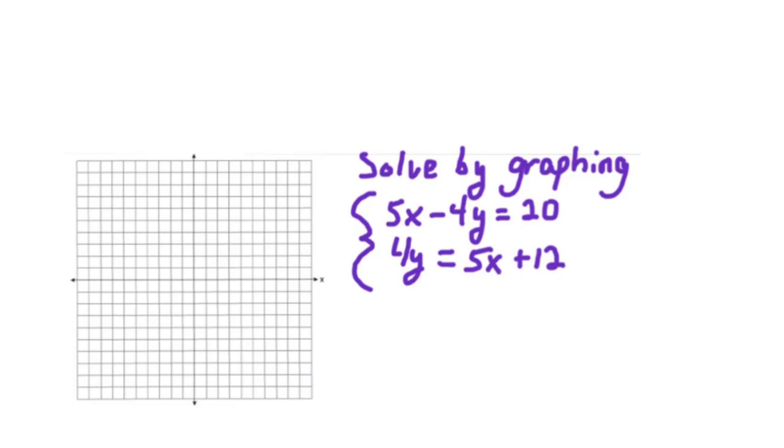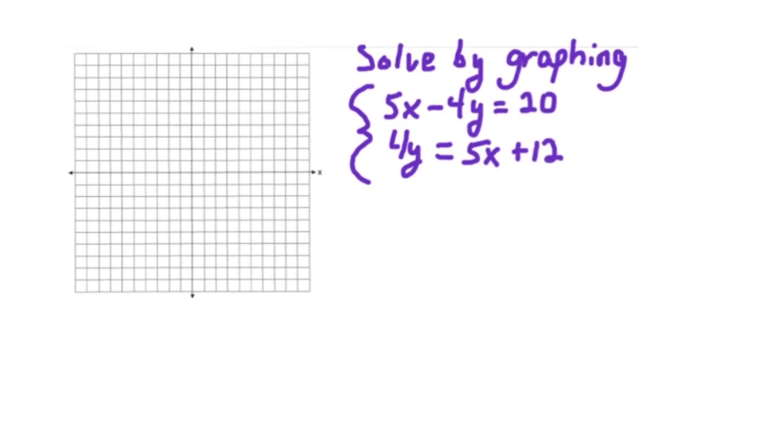So the next problem I want to go over is the system you see there. And so let's start by converting to slope-intercept there. I'm going to take that first equation, which is 5x minus 4y equals 20.